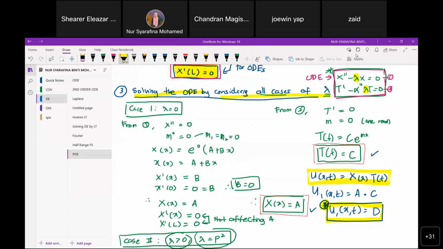Because lambda is unknown, we need to consider all cases, where lambda can be 0, greater than 0, or less than 0. So we always need to consider these three cases. We start with lambda equals 0.